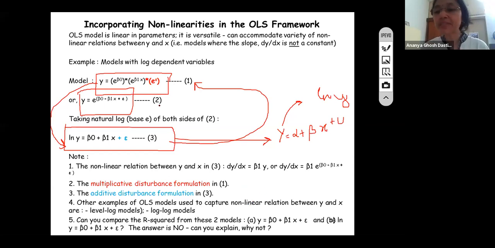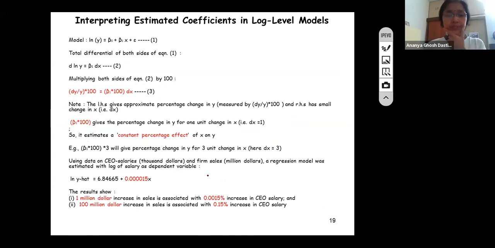So capital Y is log of wage, and wage is of course small y, all right? So this is something you have to understand. Every time that you are running a regression with the dependent variable in log form, your underlying model is essentially this. So some of the points that I want to flag over here are the following.